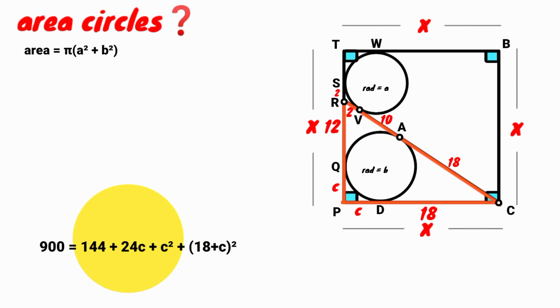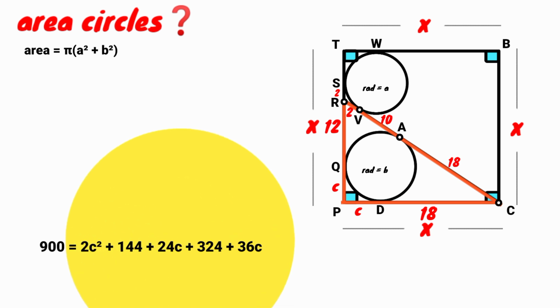So it is 144 plus 24c plus c squared. Expand this also. It is 324 plus 36c plus c squared. c squared plus c squared is 2c squared. 24c plus 36c is 60c. 144 plus 324 is 468.